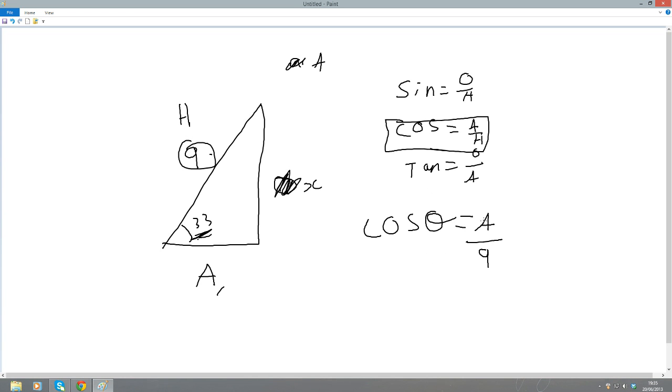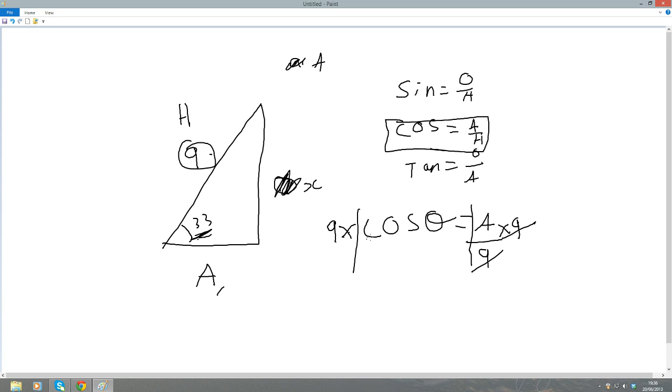We want A by itself, so how do we get rid of it? Take away this number, but we can't just scribble out the formula, so we times it by 9. And whatever we do to this side has to be done to this side, so you times this side by 9. Obviously these two will cancel out, basic algebra.